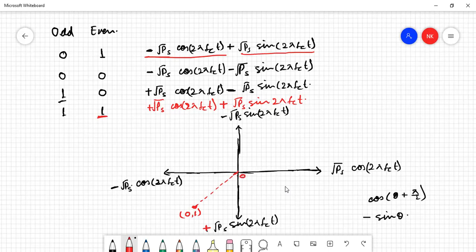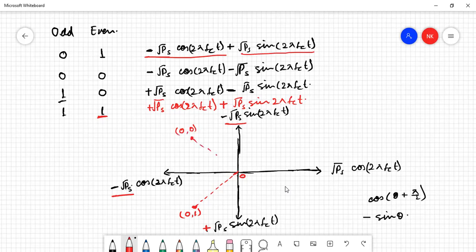Okay. Now the second point is 0, 0. So where will we get this 0, 0 point? 0, 0 corresponds to minus root under Ps cos 2 pi fct and minus root under Ps sine 2 pi fct. So where can we get it? Minus here and minus here. So in this case, we will have a point approximately at this place. So here we will get the point 0, 0. Okay.